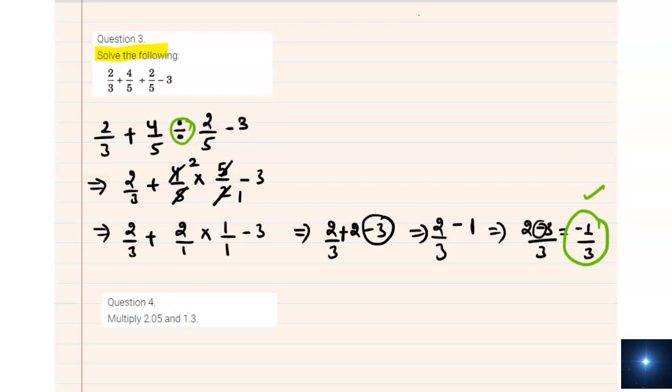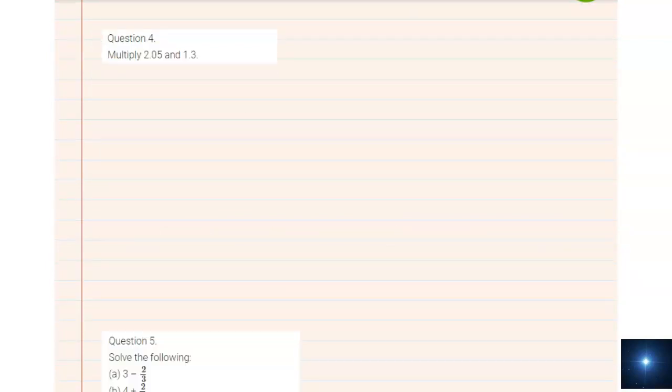Next we will move on to the next question. Here is the next question, which says multiply 2.05 and 1.3. So we will learn how to multiply decimal numbers in the easiest way. 2.05 multiplied with 1.3.